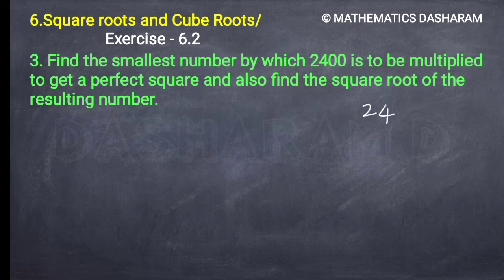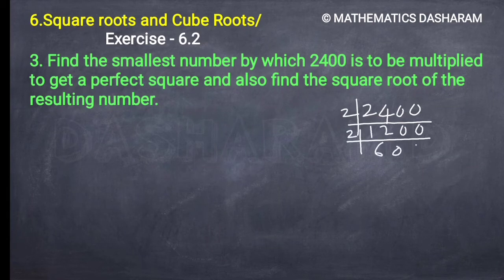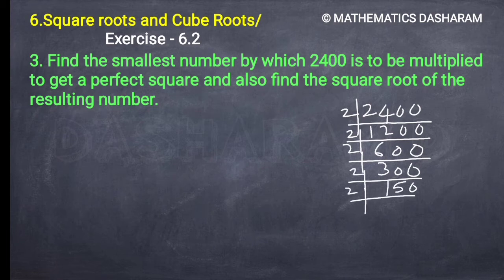So 2400 is divisible by 2. 2 ones are 2, 2 twos are 4, again the 2 table, 2 sixes are 12, again the 2 table, 2 300s are 600, again the 2 table, 150s are 300. So 2 sevens are 14, one remainder, 2 fives are 15.